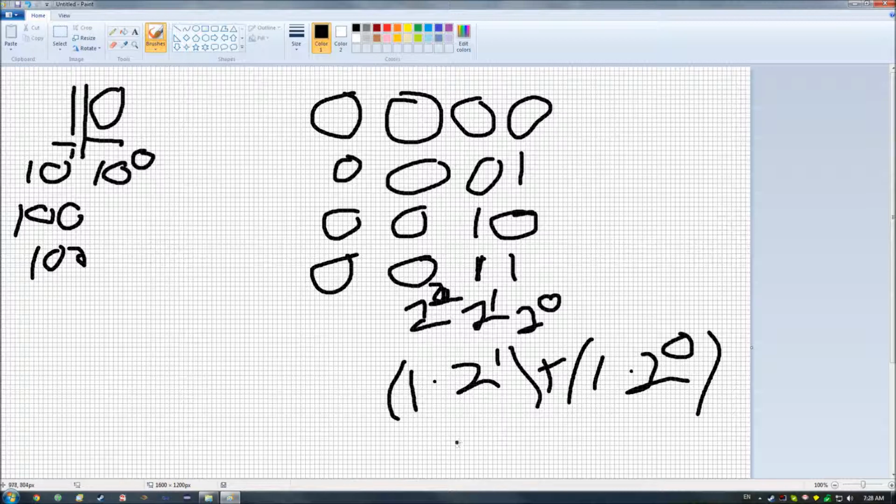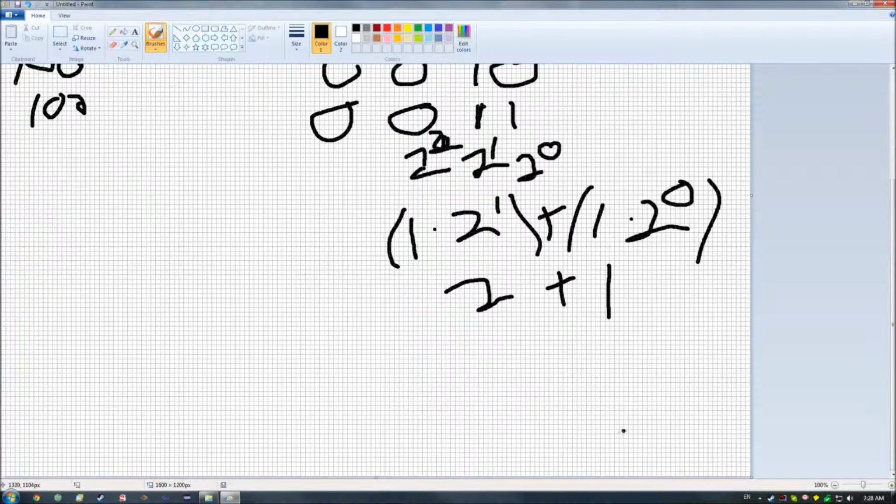And what that gives us is, because 2 to the 1 is 2, we get 2, plus 2 to the 0 becomes 1, so we wind up with 1. So we wind up with 3.